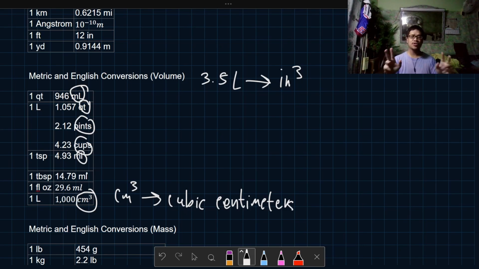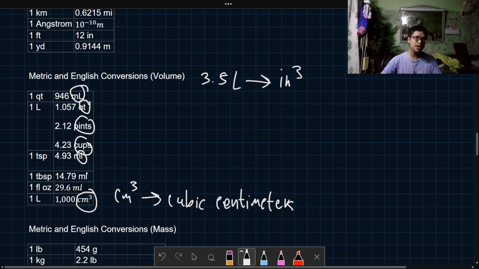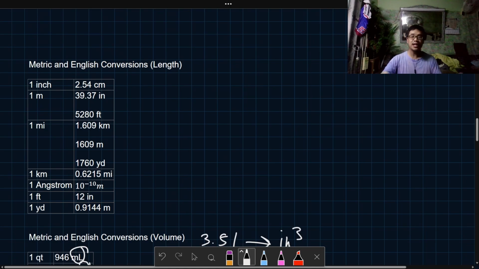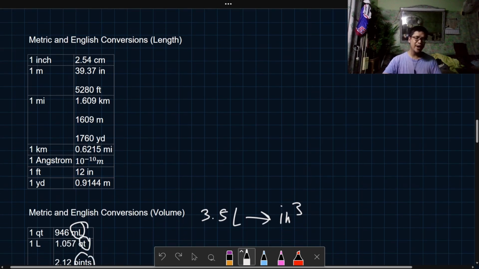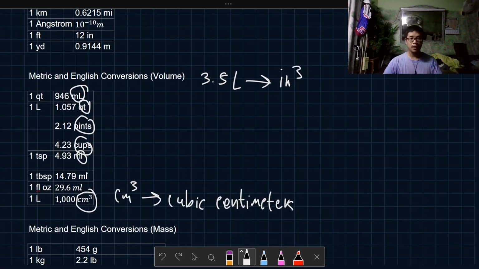Plus, since there's centimeters, isn't that a unit for length? Remember, length is about distance, right? So you see inches, centimeter, therefore length. So why is it in the volume?